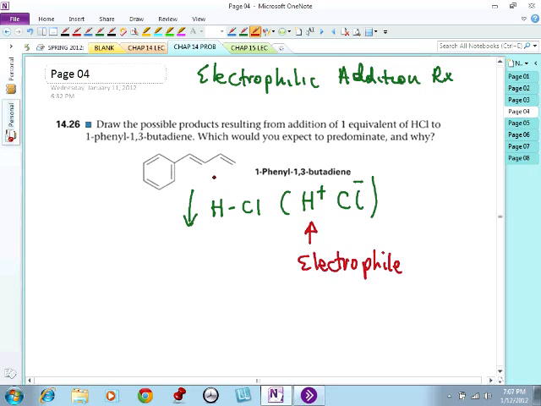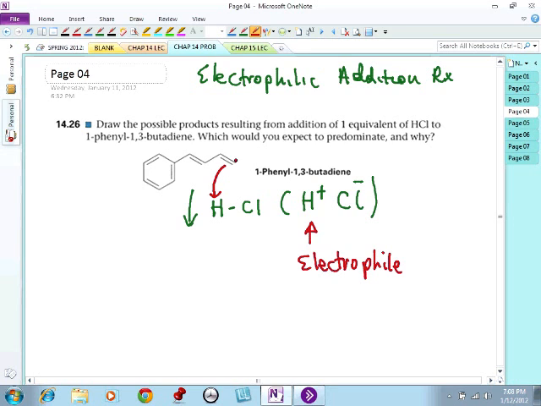So what do you think is going to happen first? Okay, so this nucleophile here attacks this here. Notice also when I draw the two-sided arrow like this, that shows the movement of electron.